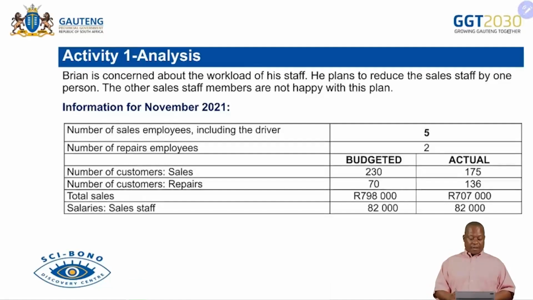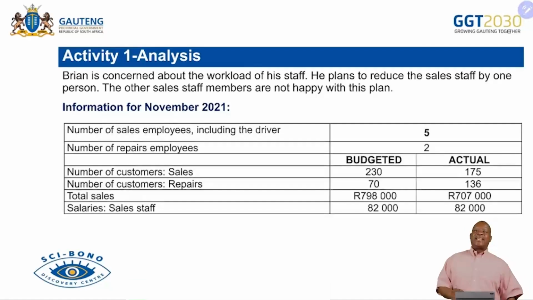I'm not saying anything. Number of repair customers. The repair customers now, we are budgeting to have 70 customers, which means what? It means each of the repair employees must serve about 35 customers. But in actual effect, what's happening?